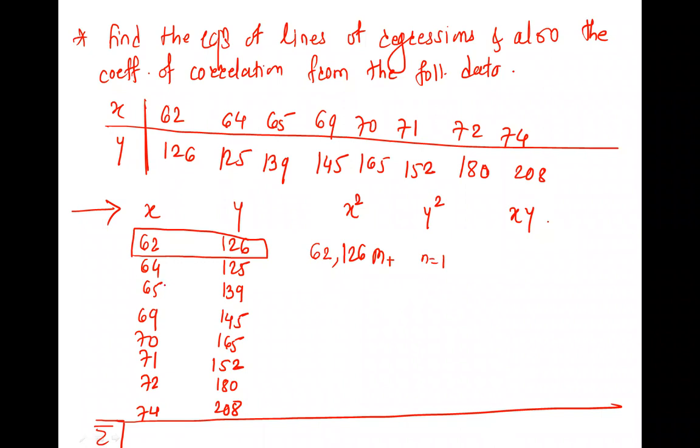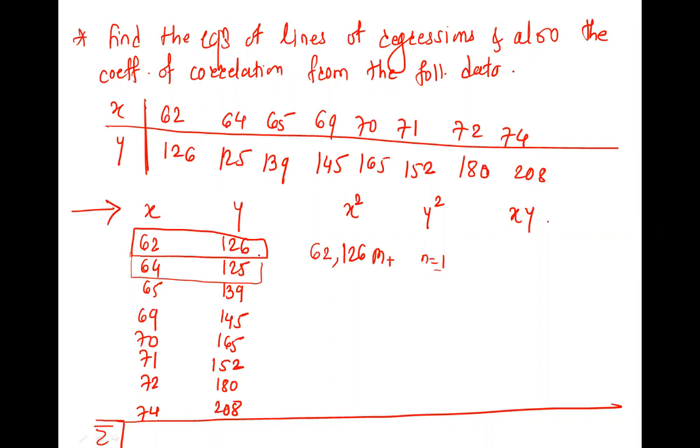So accordingly, you have to enter all these pairs. N is 1, it is showing. Start entering the second pair. 64, comma 125, M plus. N is 2 there.